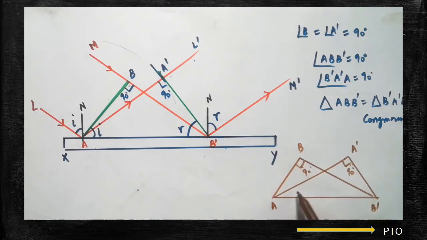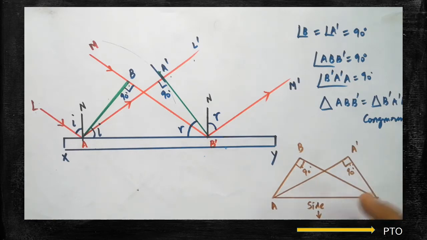For this triangle and also for this triangle, this is the common side. Which one is the common side? A, B dash is the common side. Are you clear? This side is common to both the two triangles.